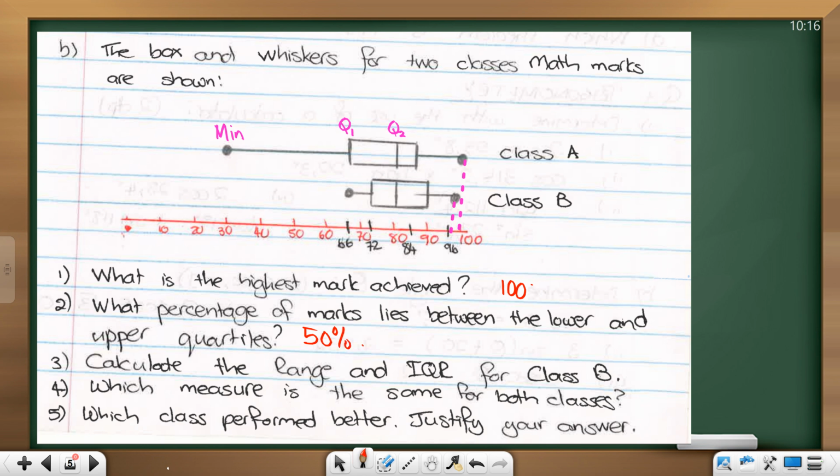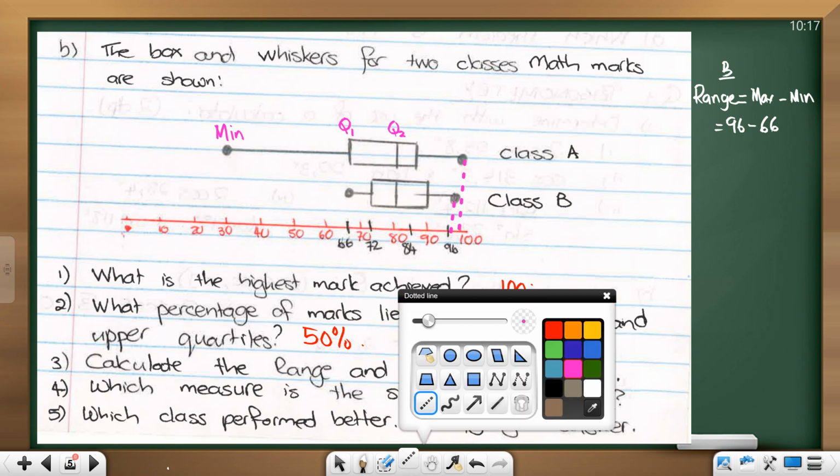Calculate the range and IQR for class B. Okay, for class B. What is the range? Max minus minimum, right? What is the maximum? 96. And what's the minimum? 66.